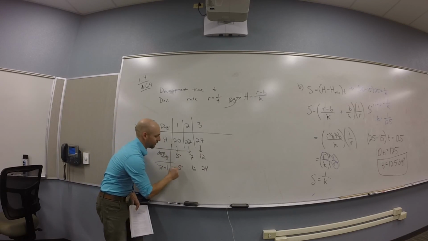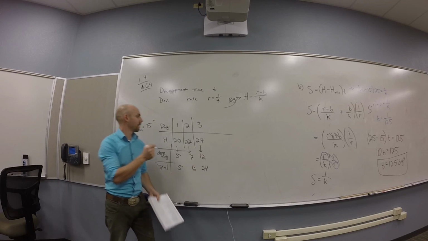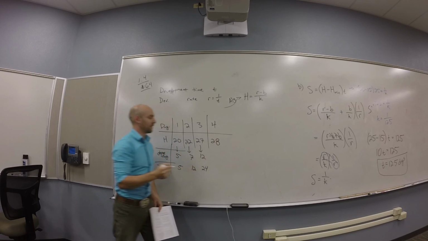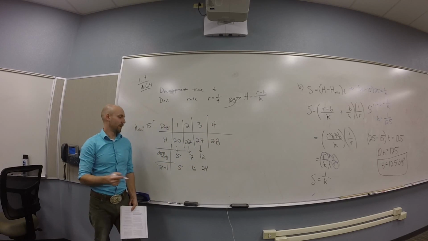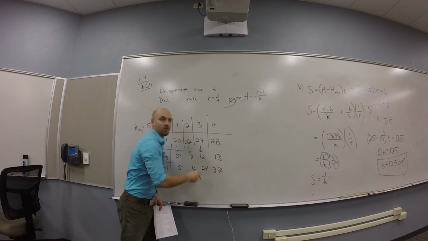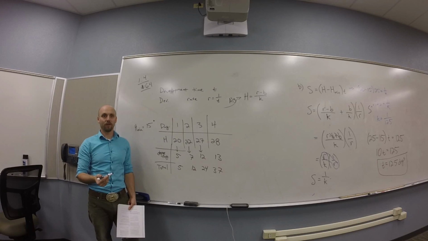I had 5 the first day, 12, then 24. Then on day 4, it's 28 degrees, so that's 13, which brings me to 37, and you guys can see how this goes. You guys cool with this?